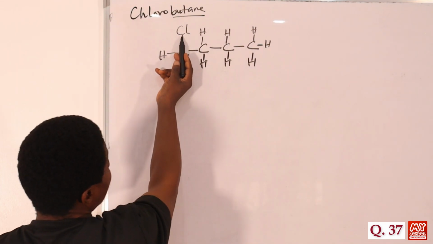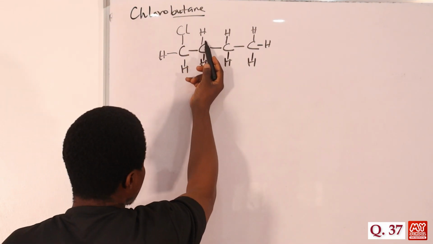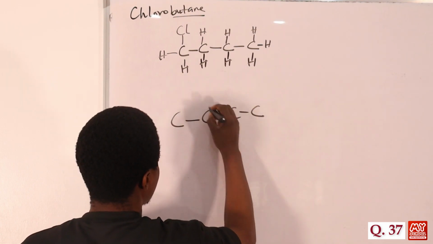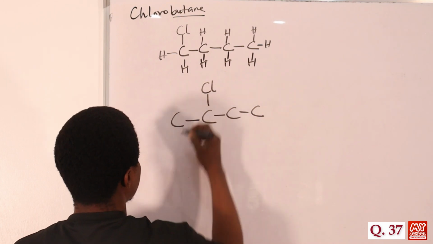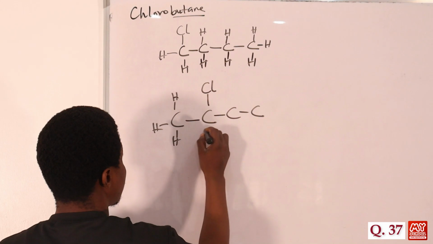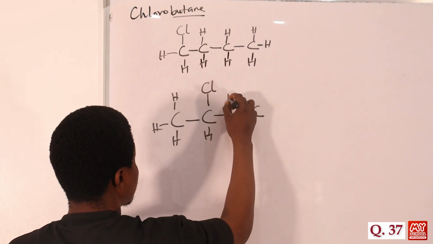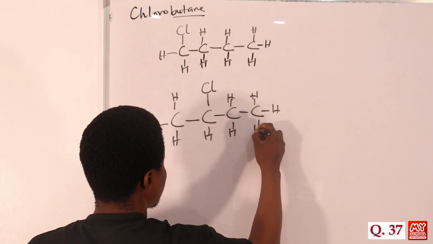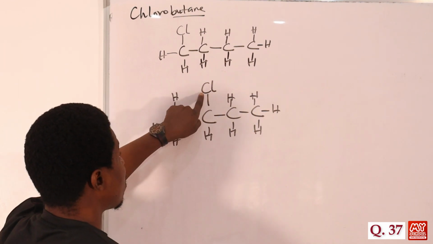So we can change this chlorine again to be on the second carbon atom, this way: 1, 2, 3, 4. The chlorine atom can be here, while this one takes the hydrogen. Now we can move this chlorine.